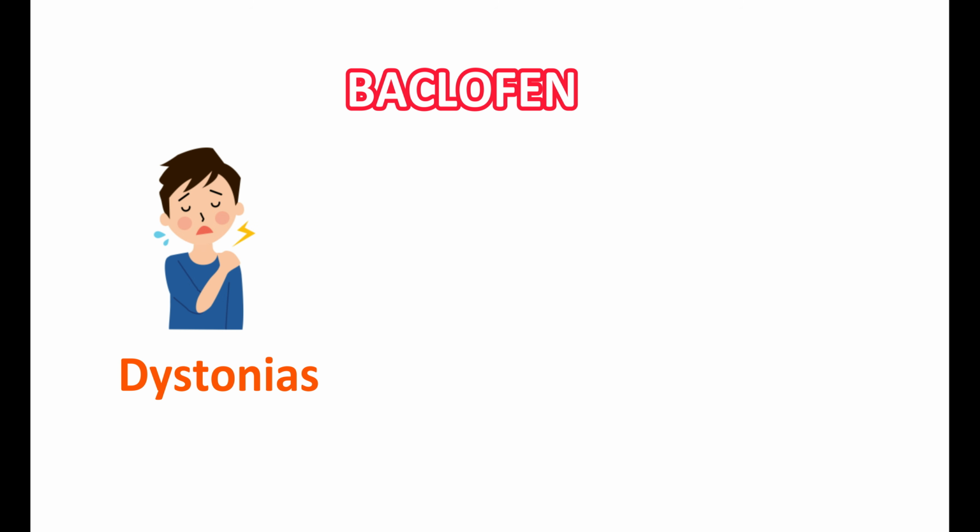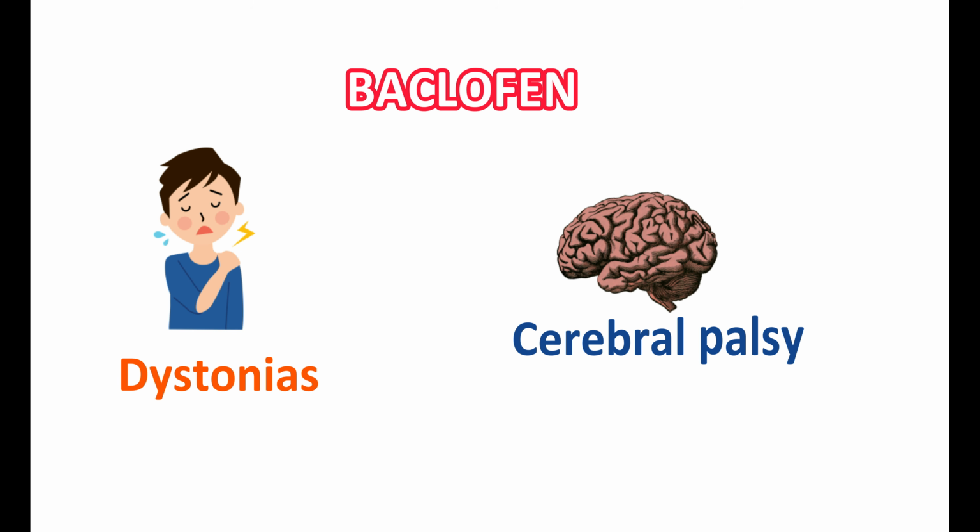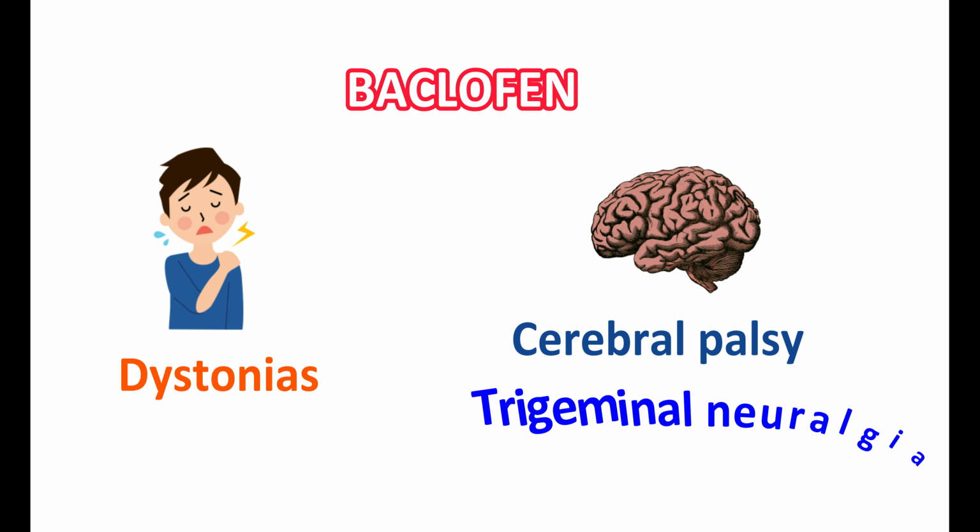Dystonia involves involuntary muscle contractions due to a neurological disorder. It may affect various muscles in the neck, face, jaw, eyes, and limbs. Baclofen is useful for the treatment of spasticity associated with cerebral palsy and trigeminal neuralgia. In all these conditions, Baclofen can be used.